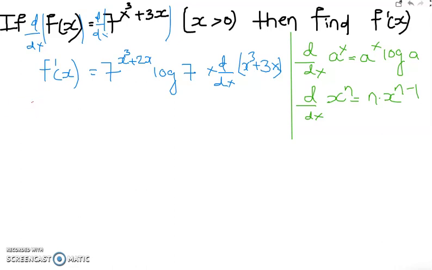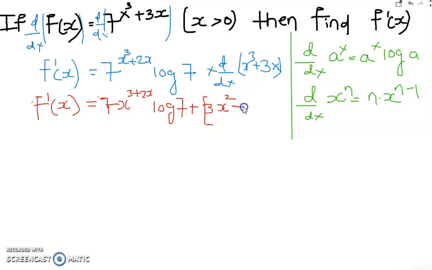Now f dash of x is equal to 7 power (x cube plus 3x) log 7, into (d by dx of x cube, which is nothing but 3x square, plus 3 into 1, which is nothing but 3), right?